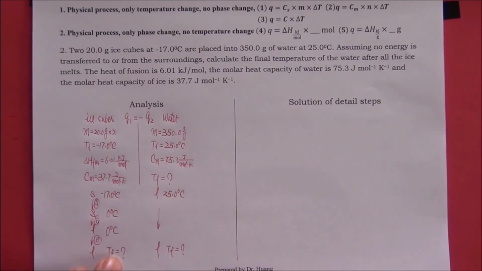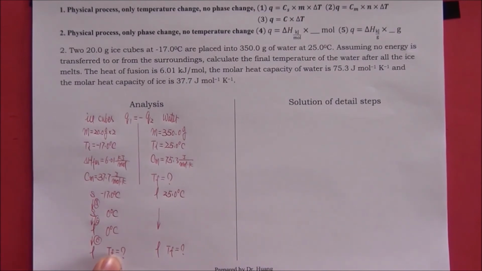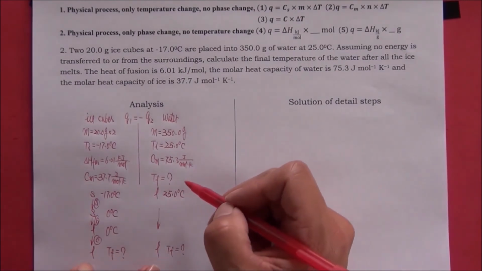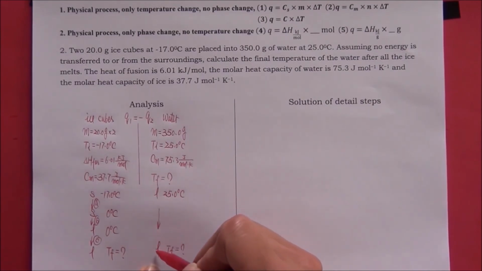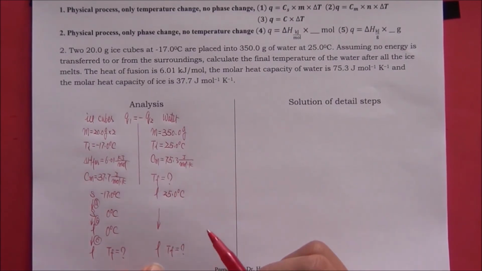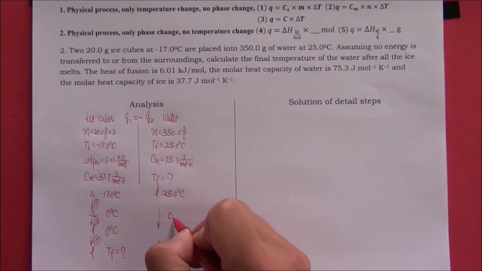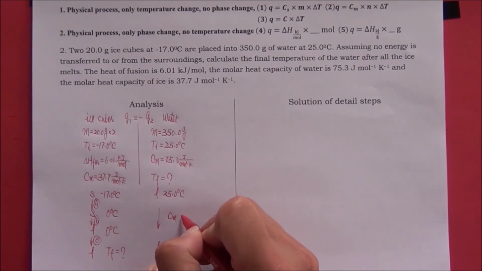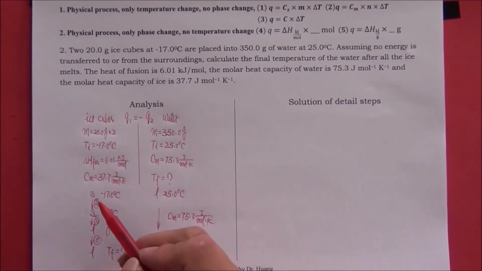Now let's put down the information into appropriate places. Let's look at the water. We have no phase change, we only have a temperature change. Therefore, we should put down Cm here. This is the molar heat capacity of water. Then, let's look at the ice cubes.